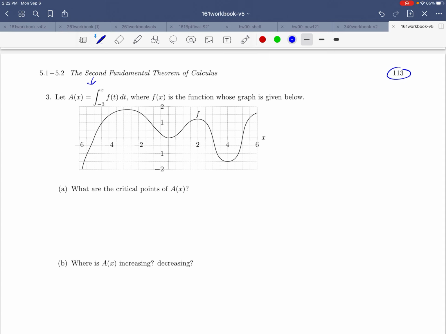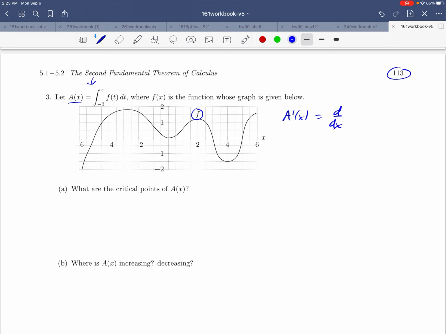Now, before we get too far into this question, it helps to remind ourselves of the relationship between these two functions. Because we've got two functions going on, the f that we were given and the function A, defined as the integral of f. The second fundamental theorem of calculus tells us something about what happens when we take the derivative of this function.